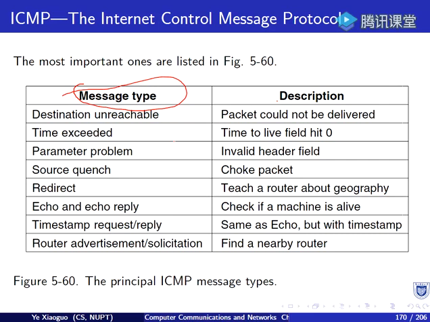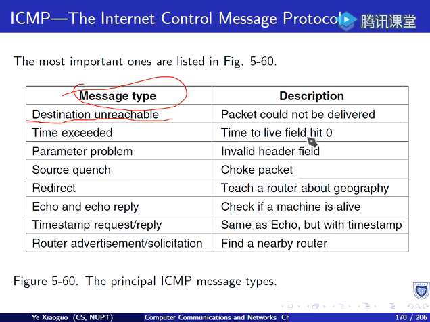Destination unreachable: when the packet could not be delivered, an ICMP message is sent back to the sender with this type.